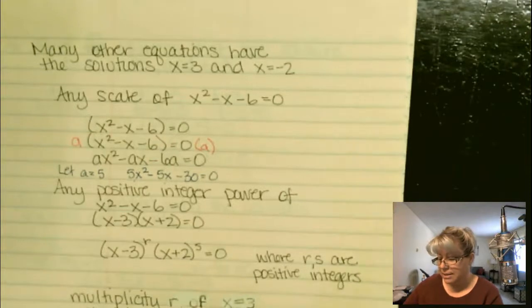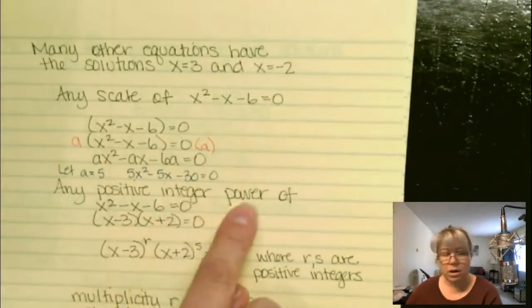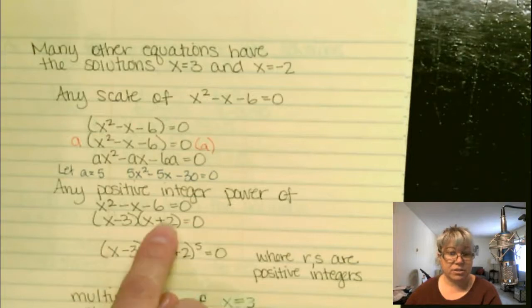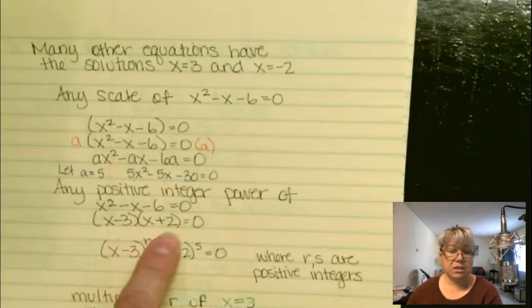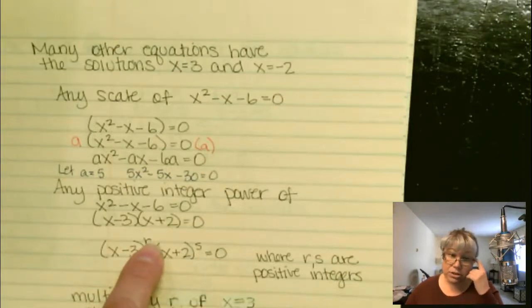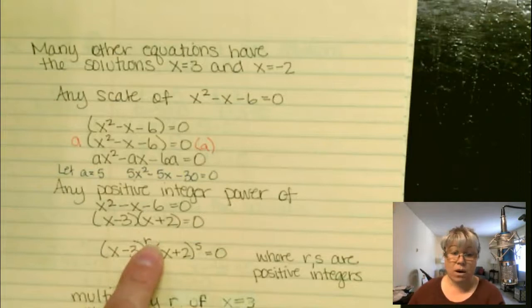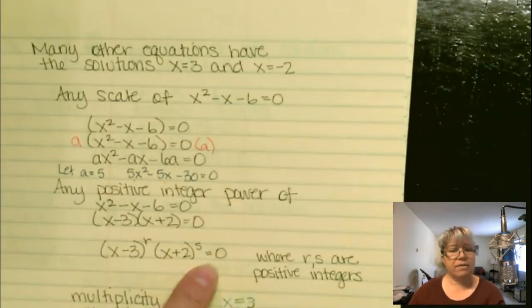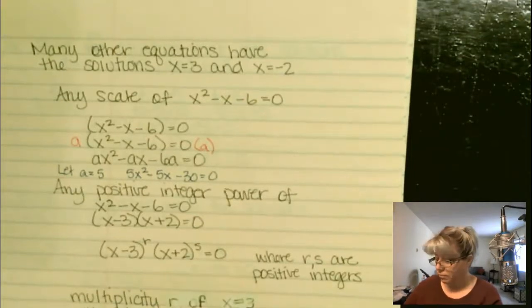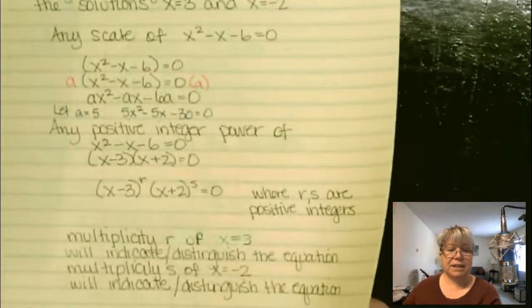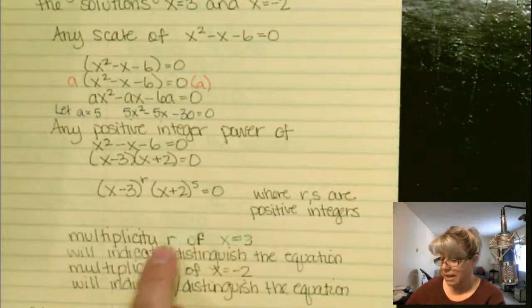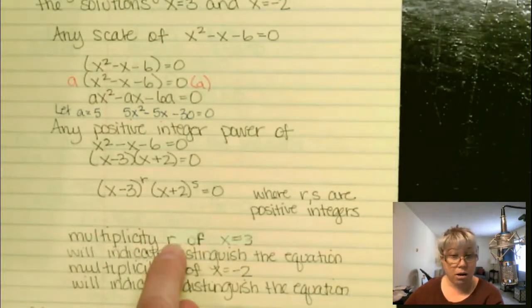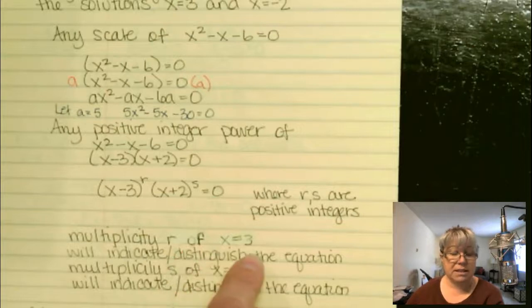The second is any power of the factors. Our factors were x minus 3 and x plus 2. If we raise those factors to any positive power, it will also have the same solutions. It will just have a different, what's called multiplicity. So that means multiplicity r of x minus 3.